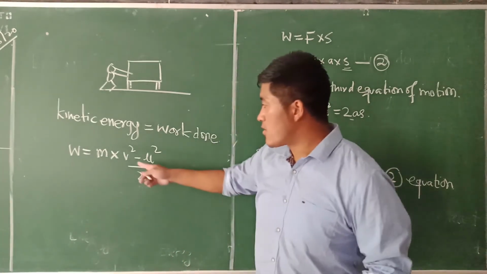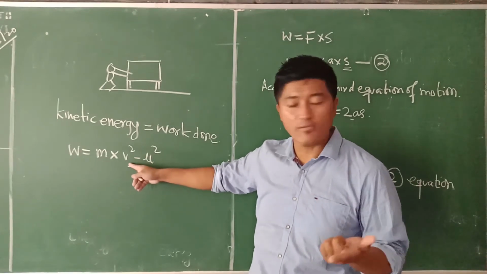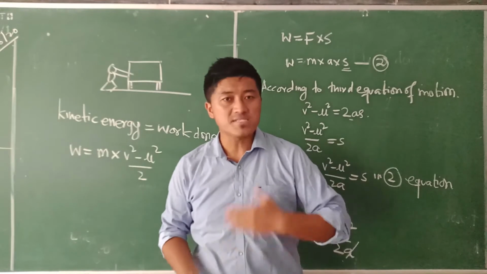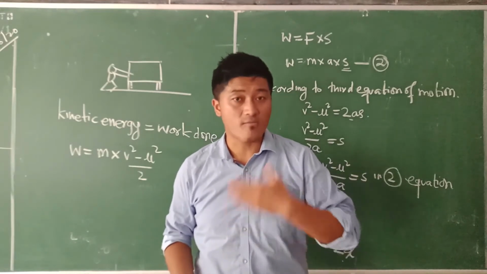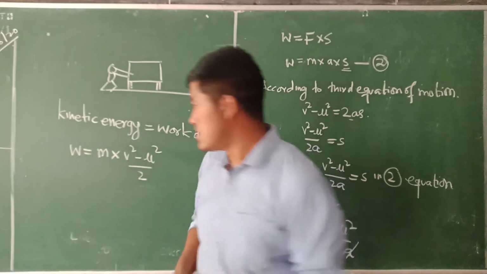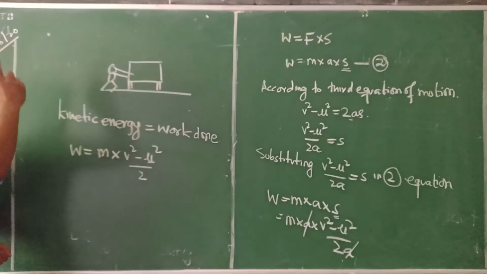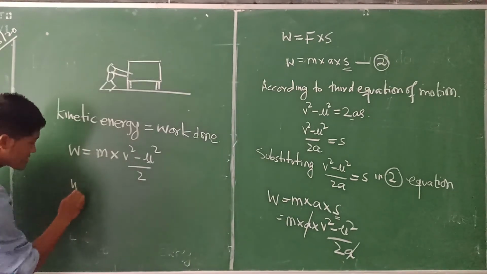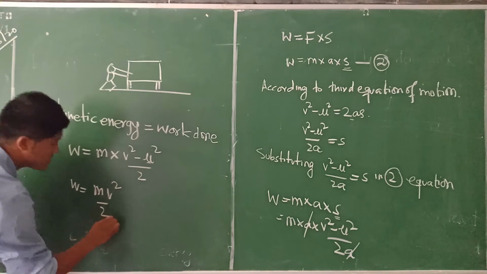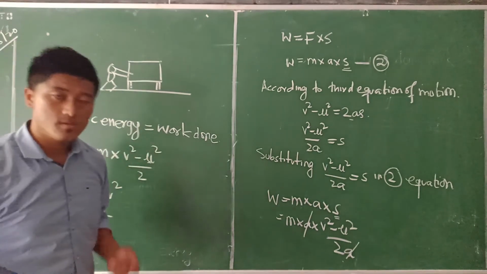We have V square minus U square, where V is the final velocity and U is the initial velocity. So before I start walking, my initial velocity is 0. Which is why instead of writing U, I can write 0. Is that clear? So I will get M V square divided by 2 because the U term doesn't have any value in that.